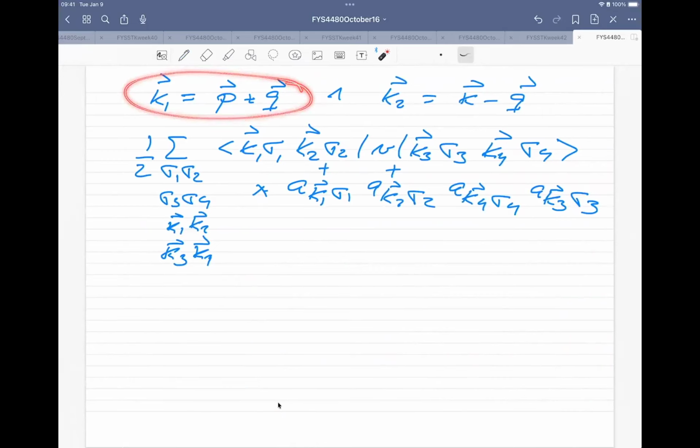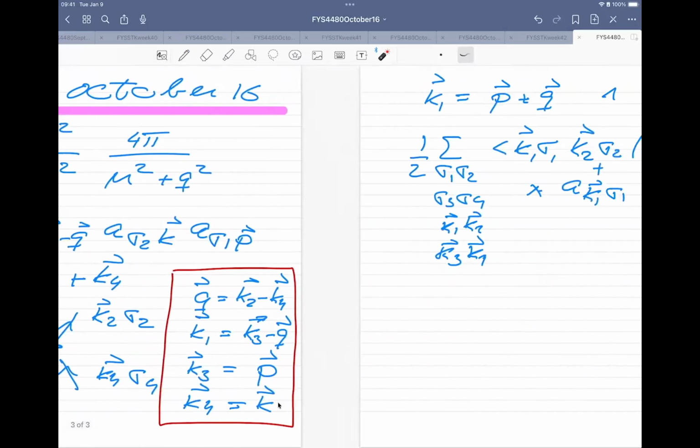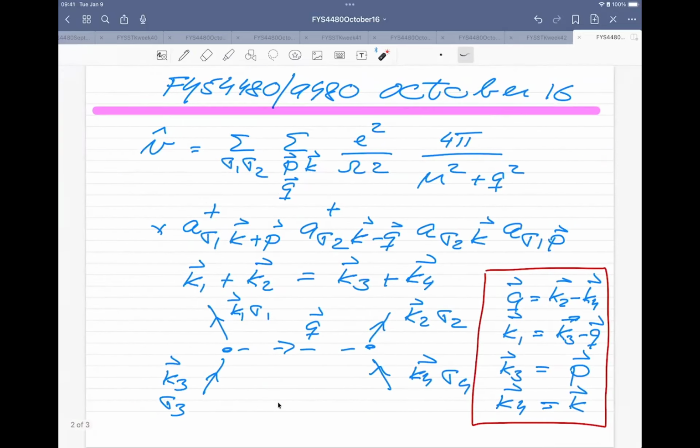So this term here is translated into this term which you see here. And then K2 is given by K minus Q, and you see that one here. And then we simply have replaced K4 with K and K3 with P here, like that. Okay? So let's try to calculate something with it now.